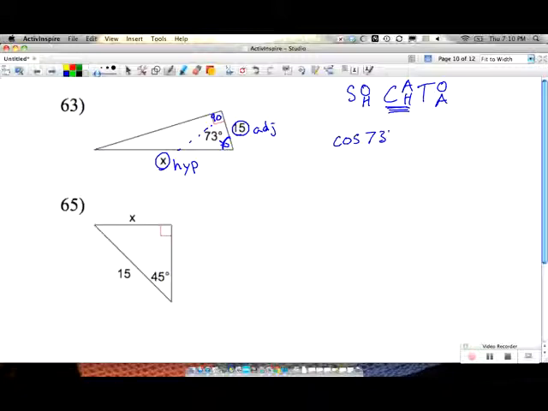And that means the adjacent is 15 and the hypotenuse is x. Again, we have this kind of format where we got an x on the bottom. I'm going to give myself some space here to solve this. So move the x over to the left side by multiplying both sides by x. I'm going to divide both sides by cosine 73 to move that as well.